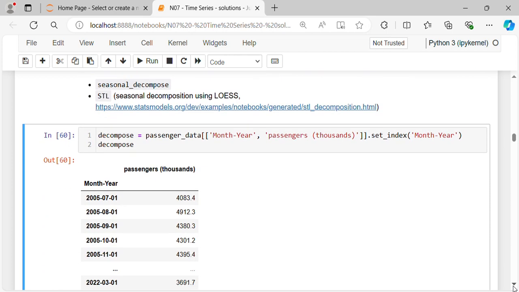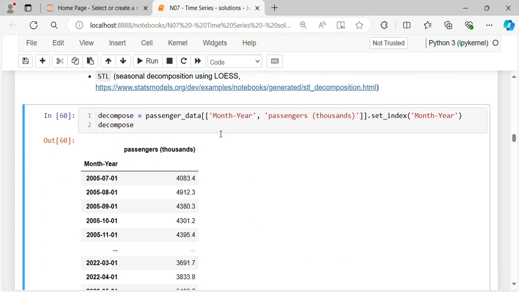So let decompose equal passenger data, and by putting the double square brackets, we are forming a data frame. So we are forming a data frame of month, year, and passengers in thousands.